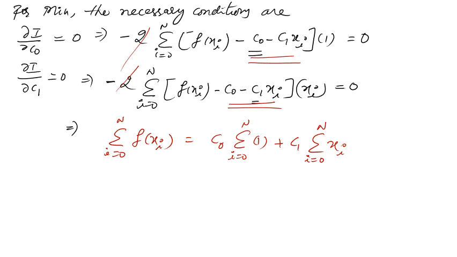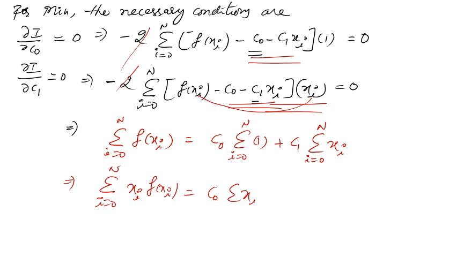Coming to the second, take this multiplication on the f terms on the left side: the sum over i equal to 0 to n of xi into f of xi equal to c0 into the sum of xi plus c1 into the sum of xi square, right?